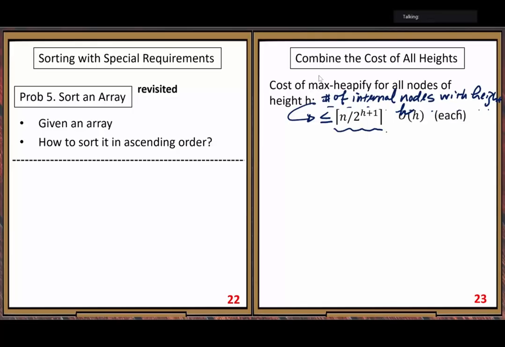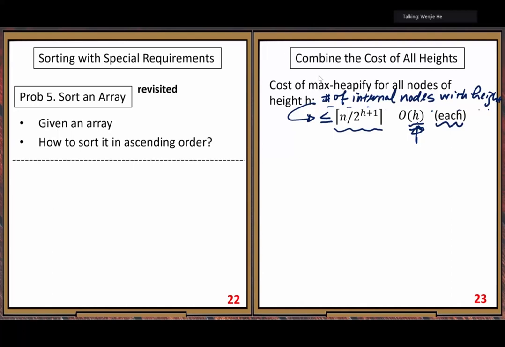Because the height is h, the number of swap operations corresponds to the number of edges, that's the height number. Here we use big O, a constant multiple. So for each such node, we need a constant multiple of h cost. That's the cost estimate.